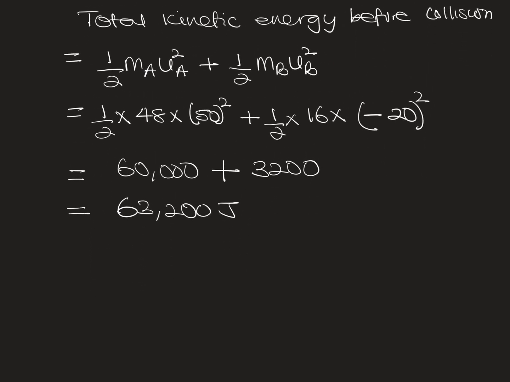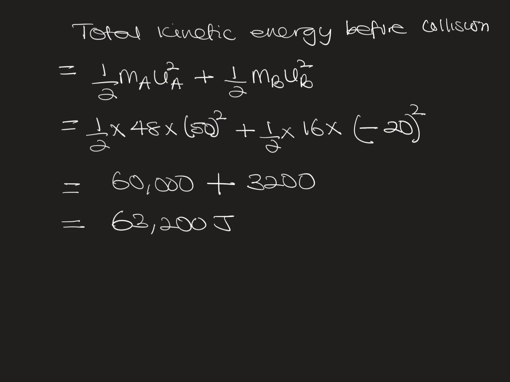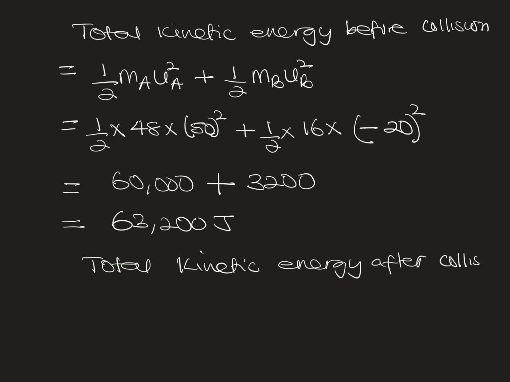So let's move on to find the total kinetic energy after collision. The formula is half the mass of A, the final velocity of A squared, plus half the mass of B, the final velocity of B squared.